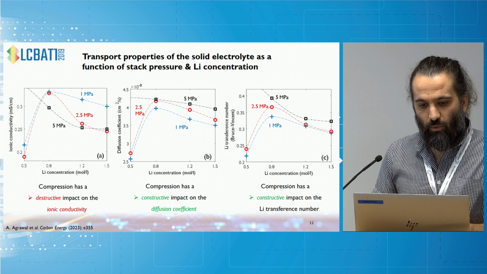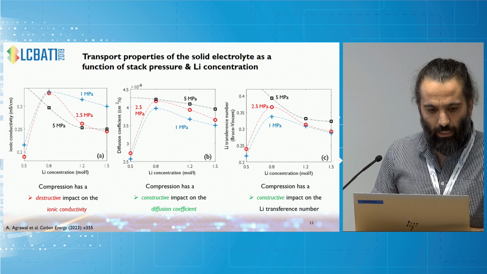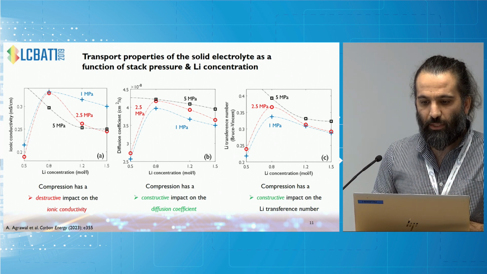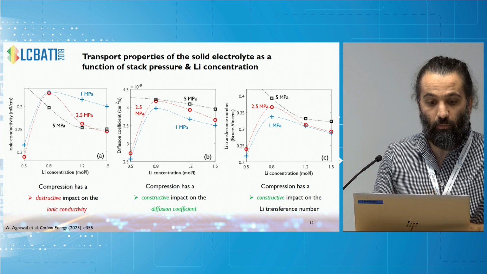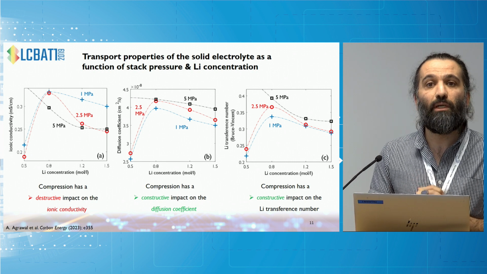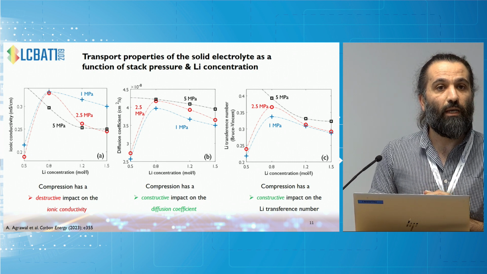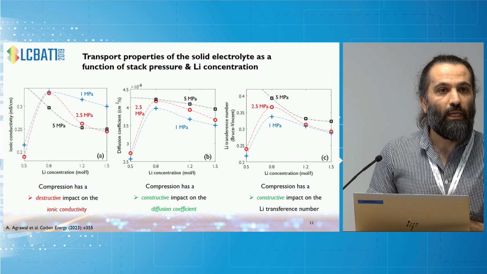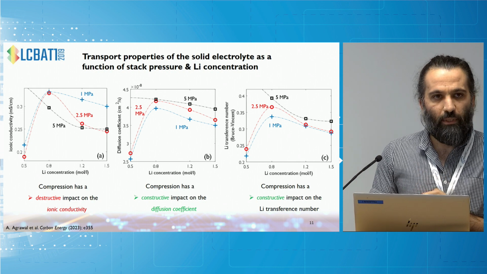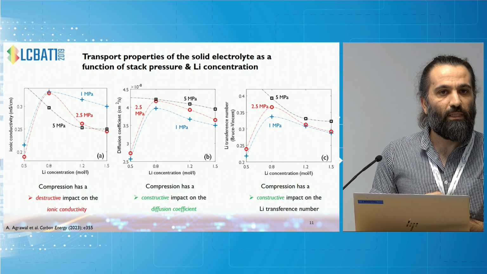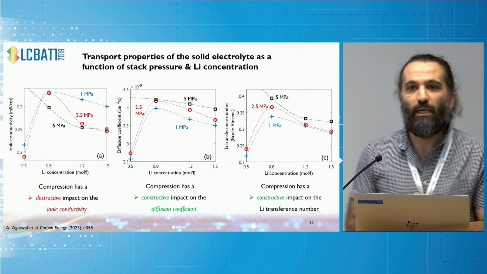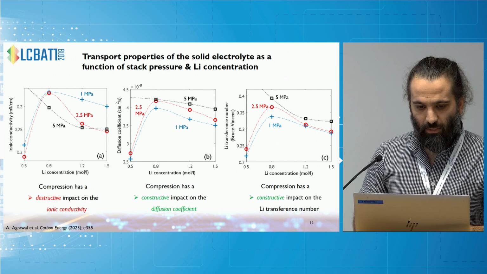So we need to be careful about the lithium transference number, which is also very difficult to measure, especially with multi-component systems. If you don't properly tackle the thermodynamics, what you measure might be inconsistent.